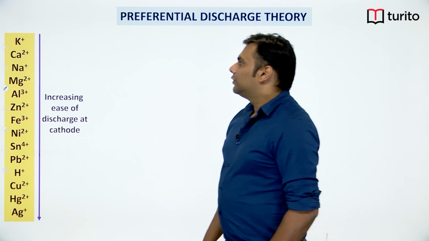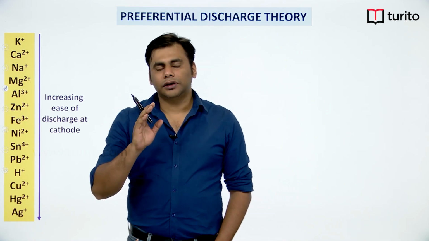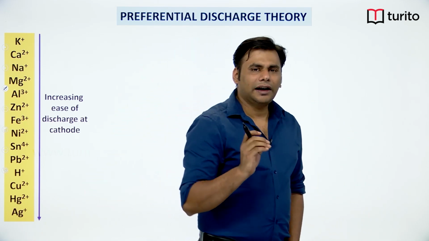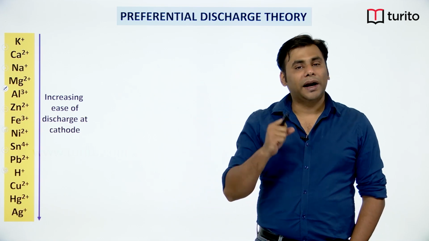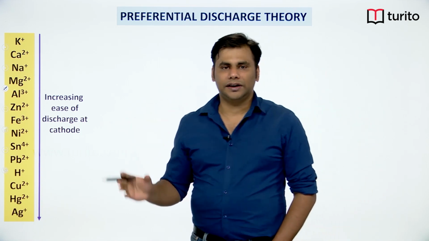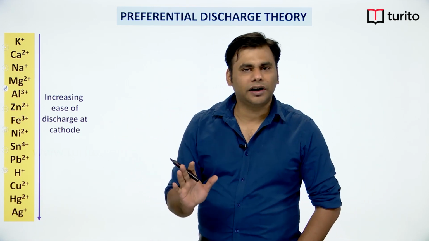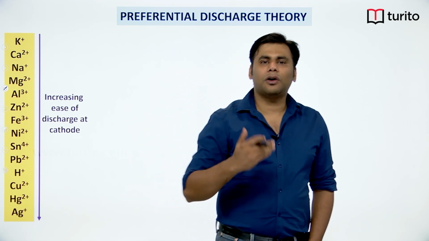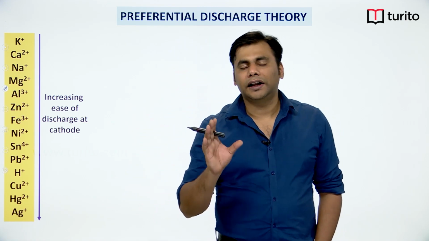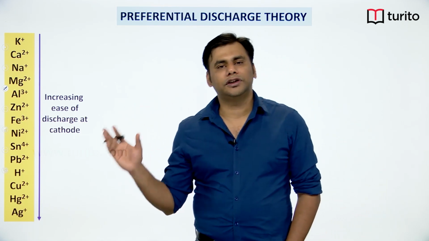Okay, so you can also use a basic logic that suppose you are taking potassium. Okay, now potassium is a metal. Metals have the tendency to get oxidized, right? We know that all the metals have the tendency to get oxidized. Because metals are easily oxidized, they will have a positive oxidation potential.